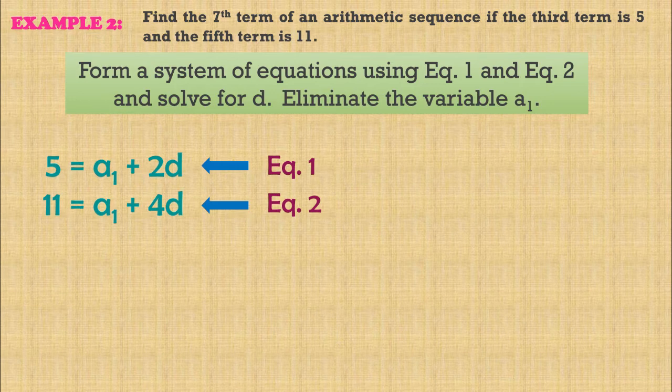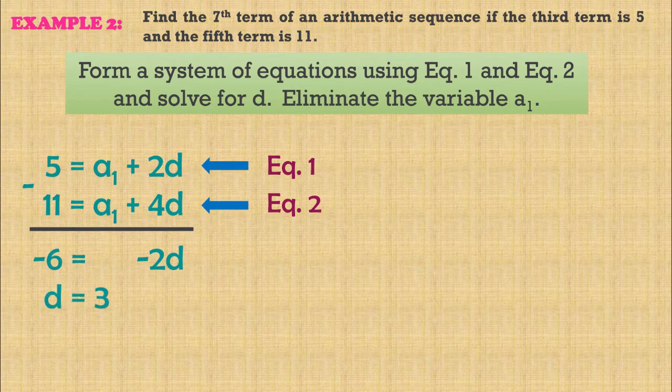So to eliminate a sub 1, we need to subtract equation 2 from equation 1. So subtracting, we have negative 6 equals negative 2d. Dividing both sides by negative 2, we get d equals 3. So now we have the common difference.